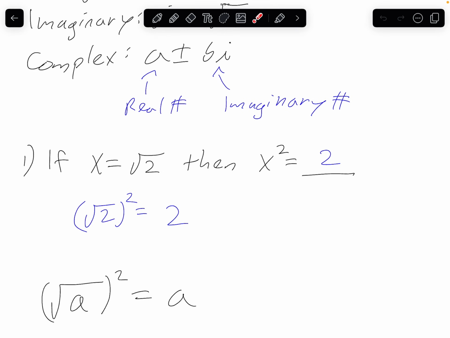And this will hold true for any type of value in the radicand, whether it's a number or a variable, as long as this remains positive. Then really again what happens is that the radical disappears.